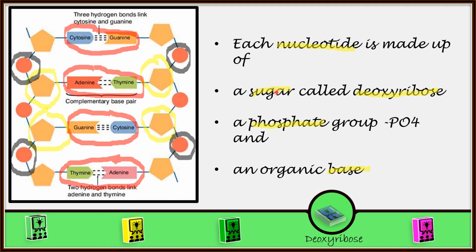So a nucleotide is made up of a sugar, which is called deoxyribose, a phosphate subunit, and an organic base. All of that is what we refer to as a nucleotide. So DNA is made up of very many chains of nucleotides.